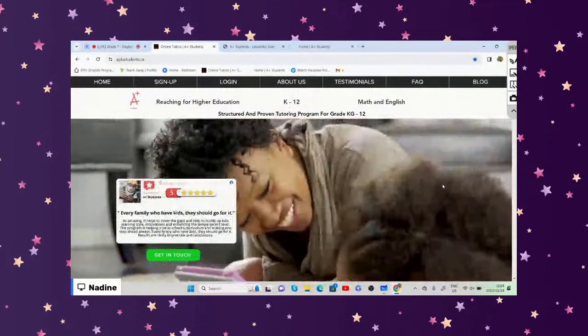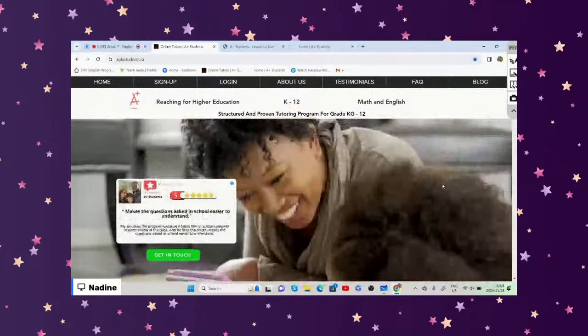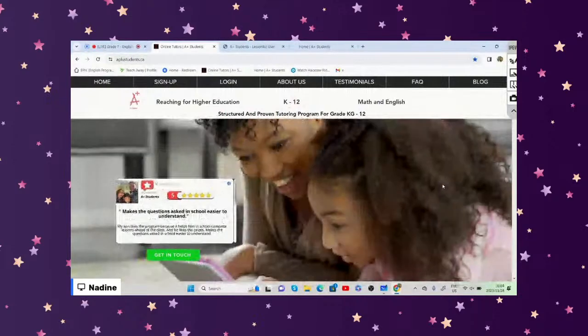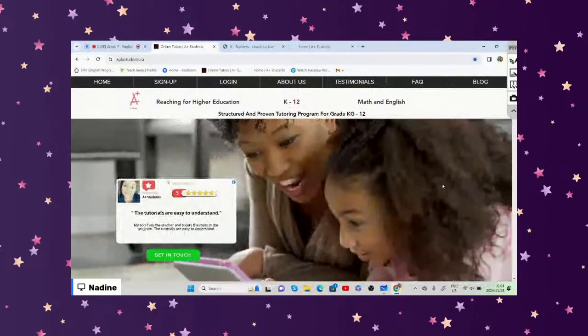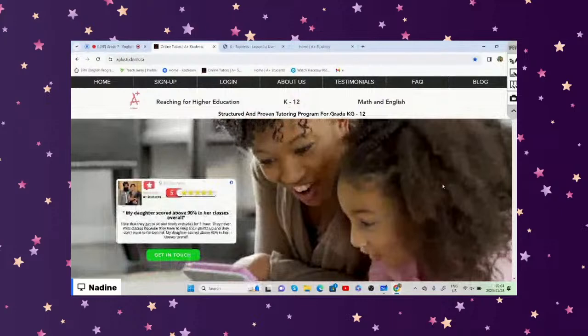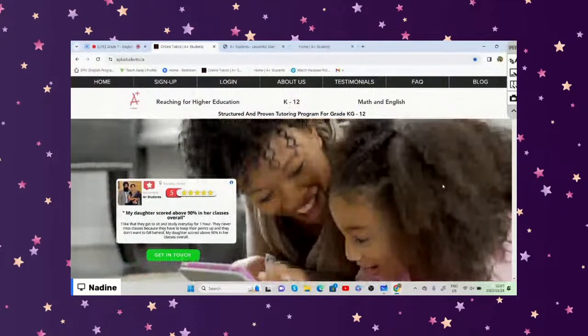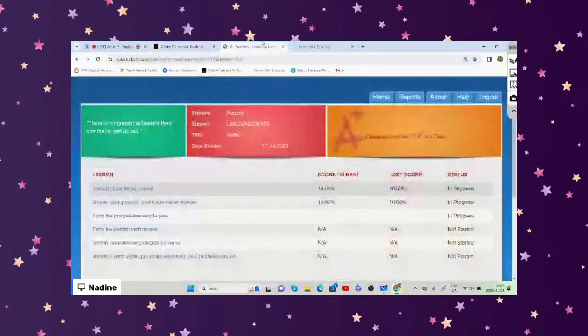Then we scroll down until we get to the chapter of verbs. As you can see, the chapter of verbs is quite lengthy, and that is why we are doing it over a period of a few days.